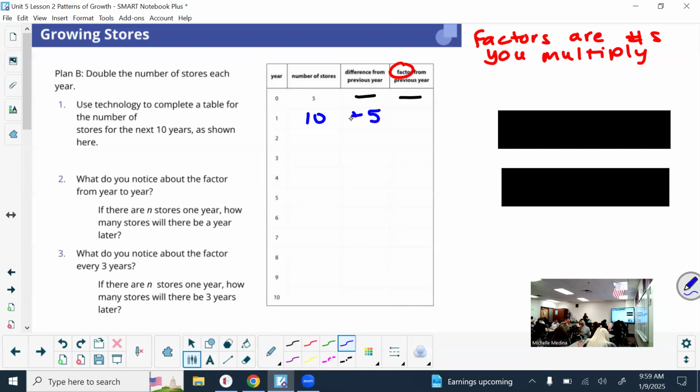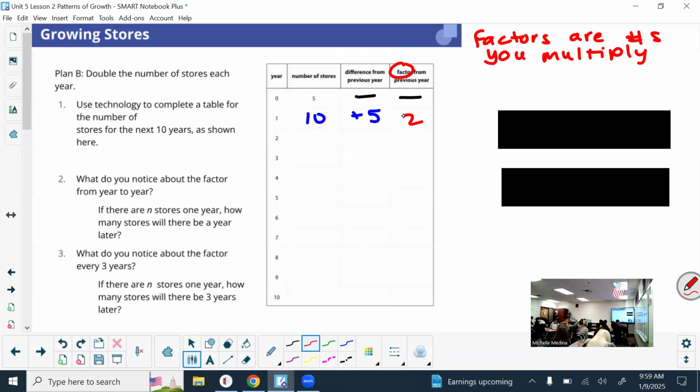Good. And for the factor from the previous year, if you don't know it, you can divide them. But what did I multiply 5 by to get 10? My factor is 2. All right, that's how you're filling it out. Do it for the rest.